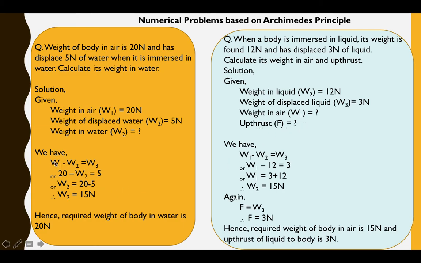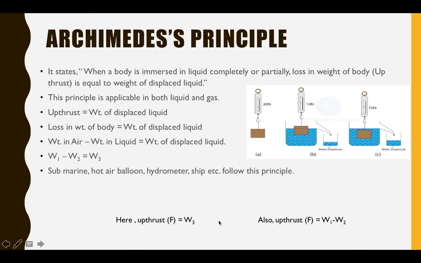We apply the same formula here: W1 minus W2 equals W3. W1 is asked, W2 is 12, and W3 is 3. If we do the calculation, W1 equals 15 Newton. And the upthrust formula, if we go to the previous slide, is upthrust equal to weight of displaced liquid, meaning F equals W3.